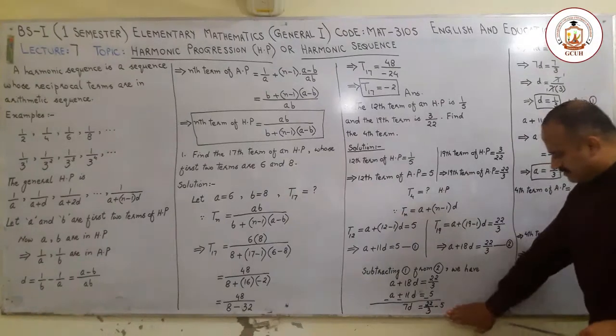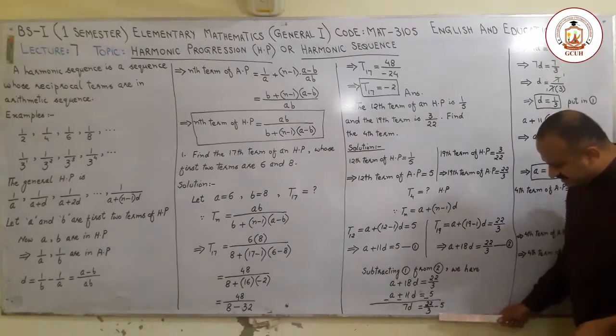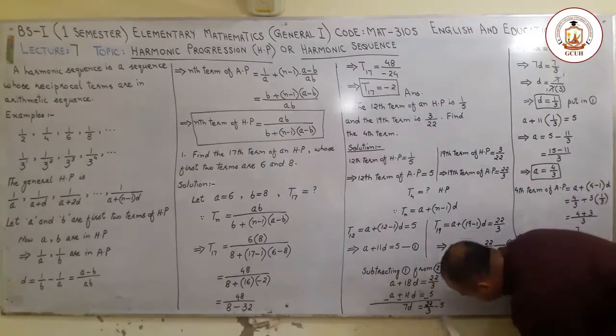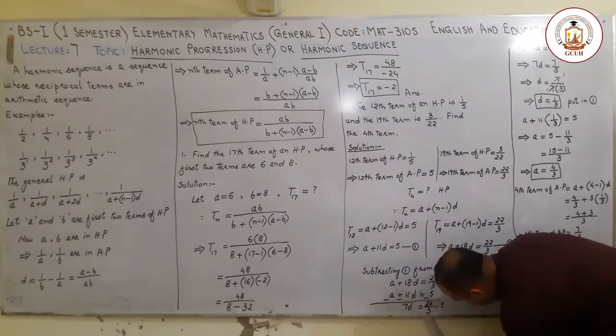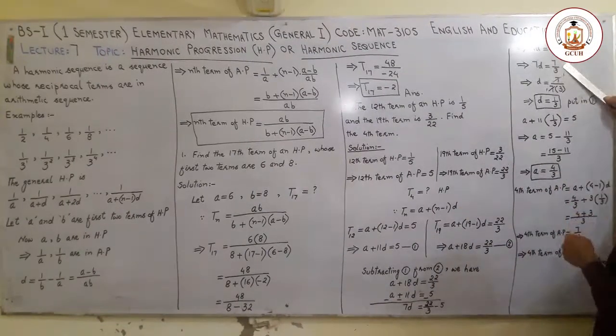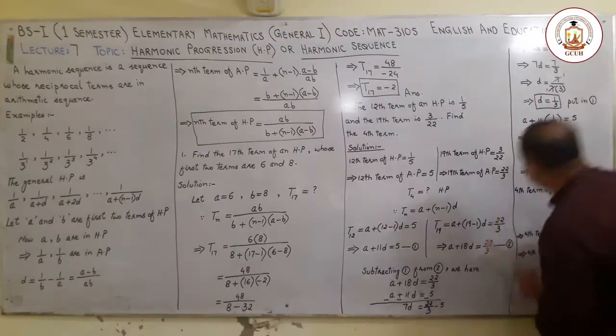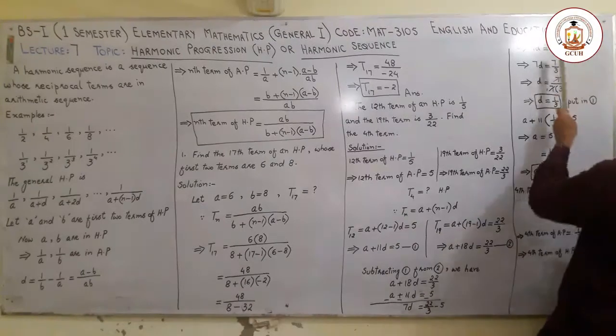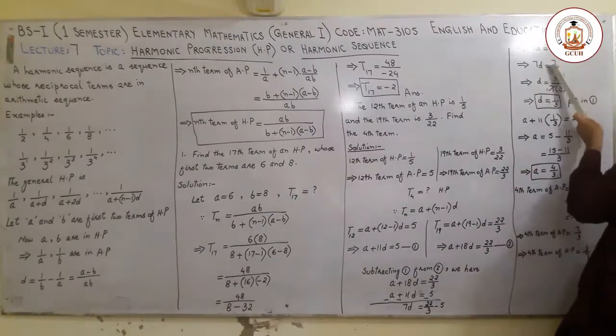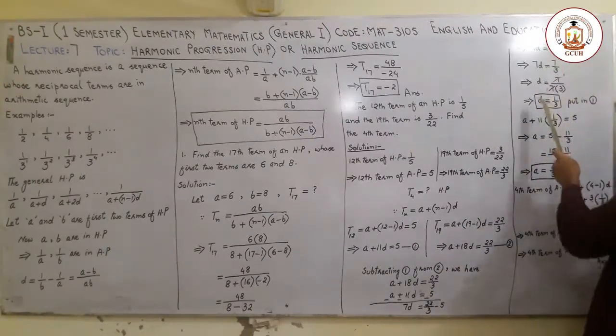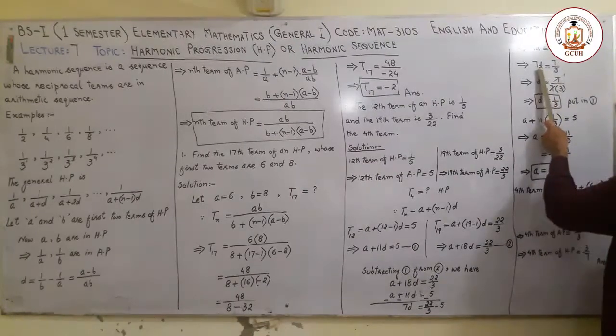Now we will simplify further in the next step. The LCM of the right hand side is 3, which is written here, and 3 will multiply with this 5, so 3 5s are 15, and 22 minus 15 is equal to 7, and we have to find the common difference.